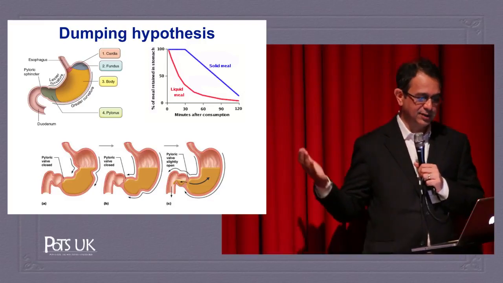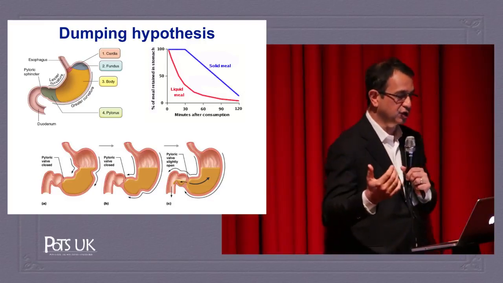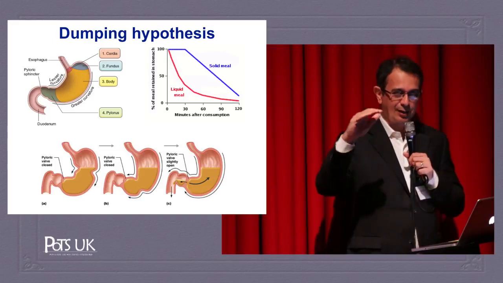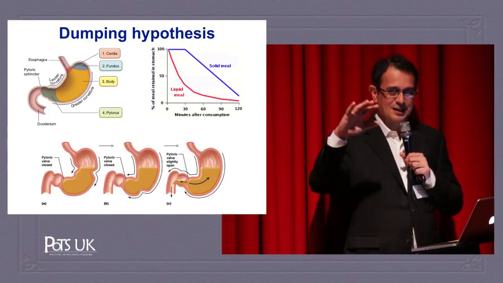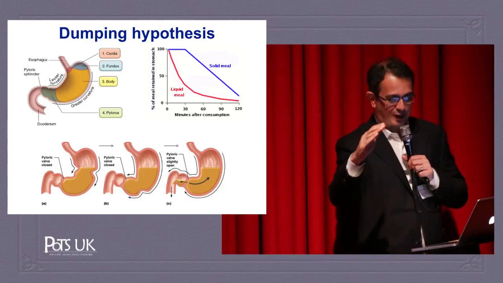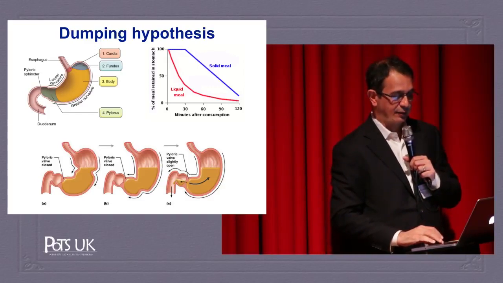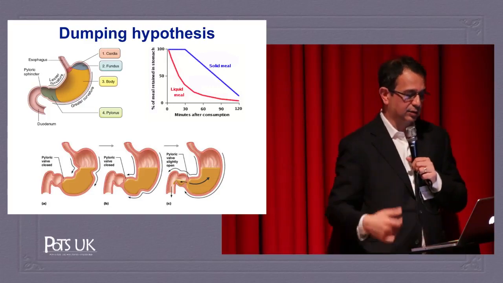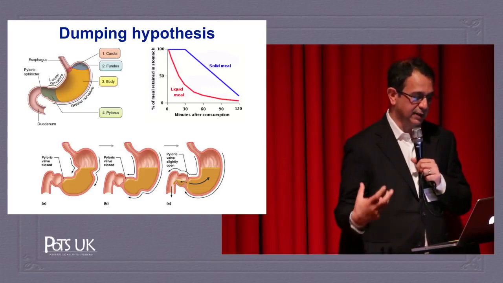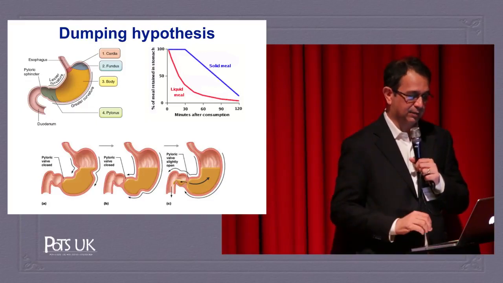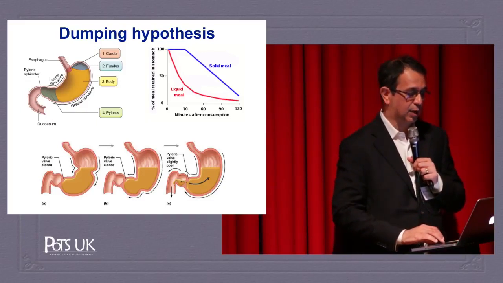And we get this gastric emptying curve, which is different for solids and liquids, as you would imagine. For solids, you get a lag time when nothing happens. This is when the solids are sitting in the fundus, and then they start to trickle down into the body of the stomach and then down the antrum and so on. And you get most of the solid gastric emptying, or at least half of the meal that you've eaten, being emptied within about 2 hours.